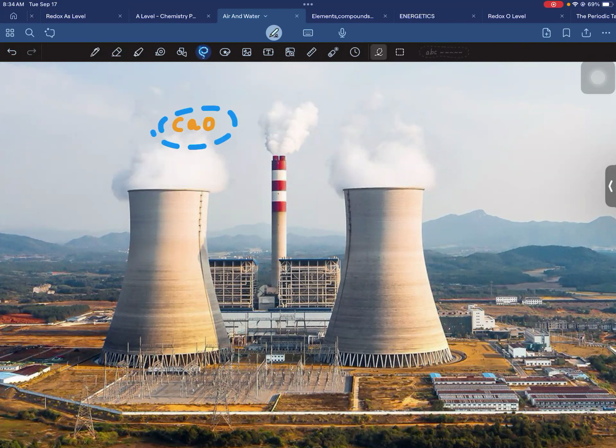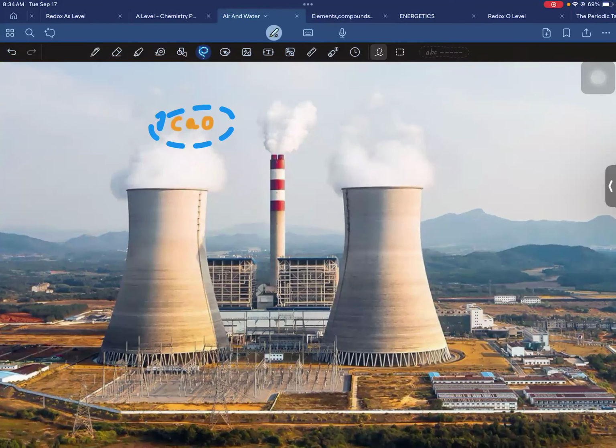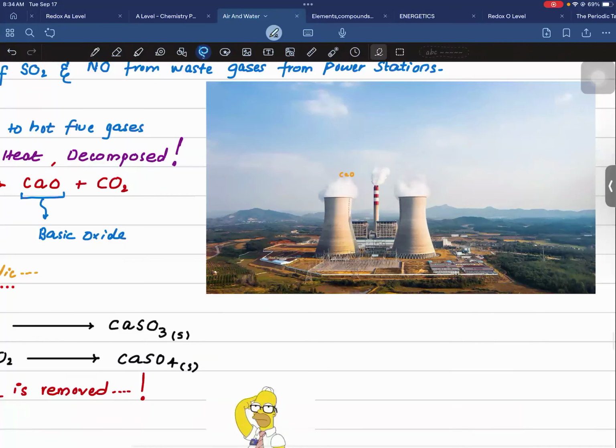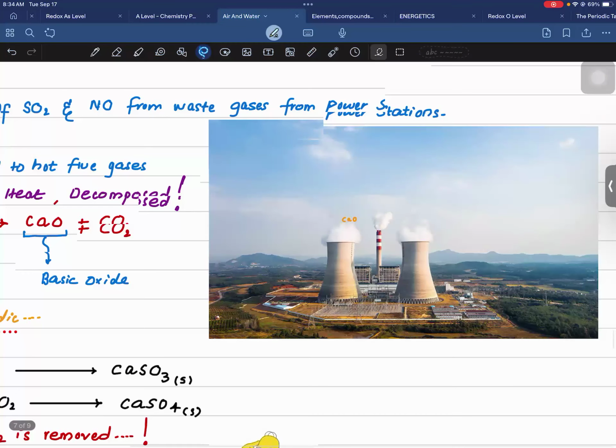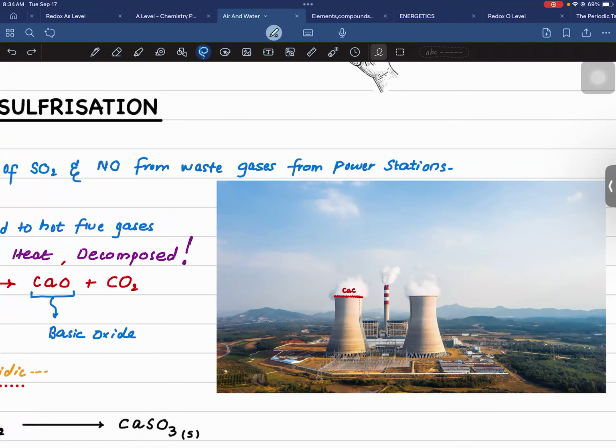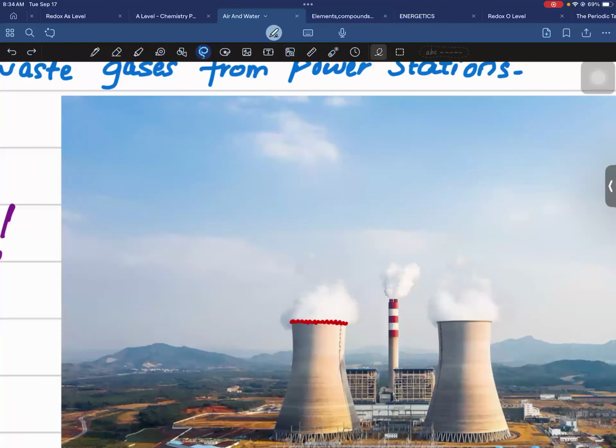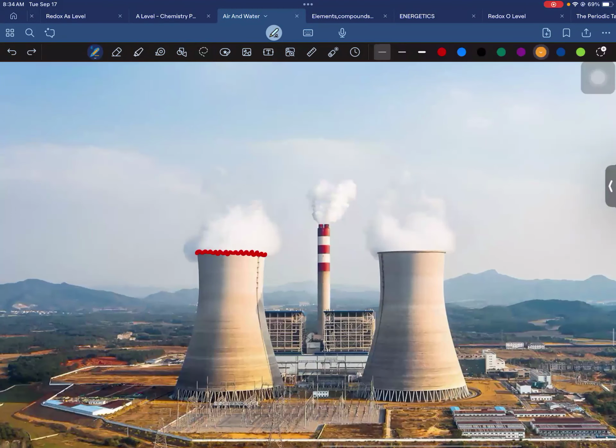Now we have this calcium oxide. So how is the calcium oxide going to react with this sulfur dioxide? CaO would be reacting with SO2 to produce this. This is a solid. You will see a solid deposition over here.